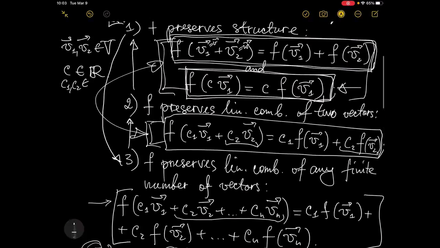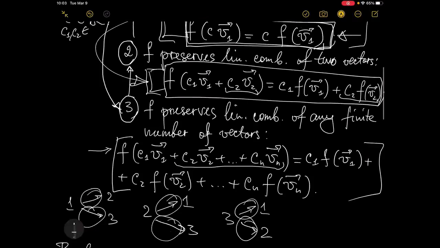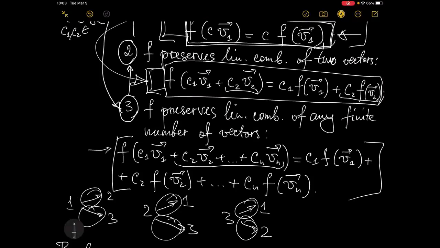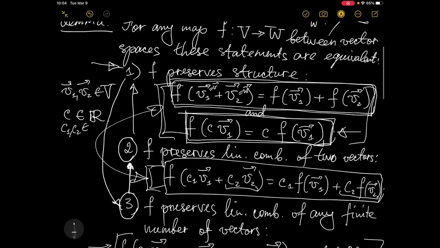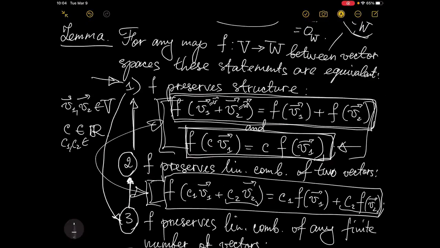So from part 3, I have shown how to get part 2, right? You just put in n equal to 2, and this is exactly part 2. Now, I cannot use 3, because this is the logic. I'm going from 3 to 2, but now I need to go from 2 to 1.